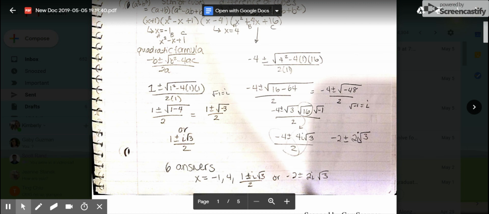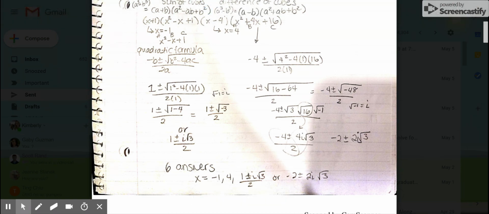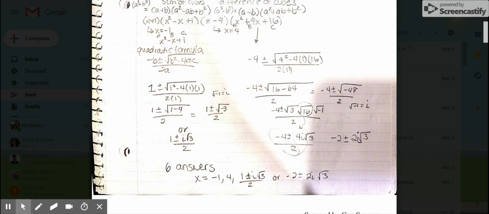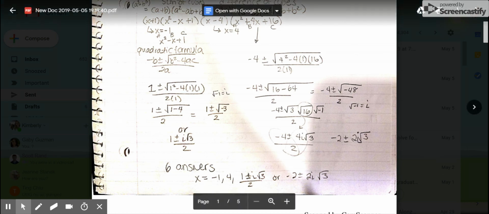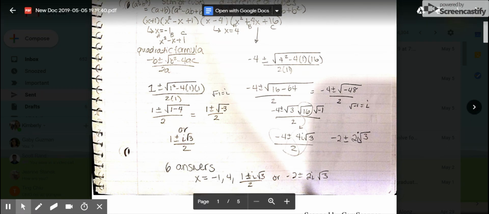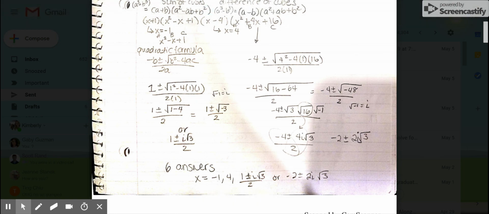So B is -1, so we have negative of a -1 is 1, plus or minus the square root. B is again -1, so -1 times -1 is positive 1 squared, or 1, minus 4 times A times C. A is 1, C is 1, so it's 4 times 1 times 1, all over 2A, and A again is 1.